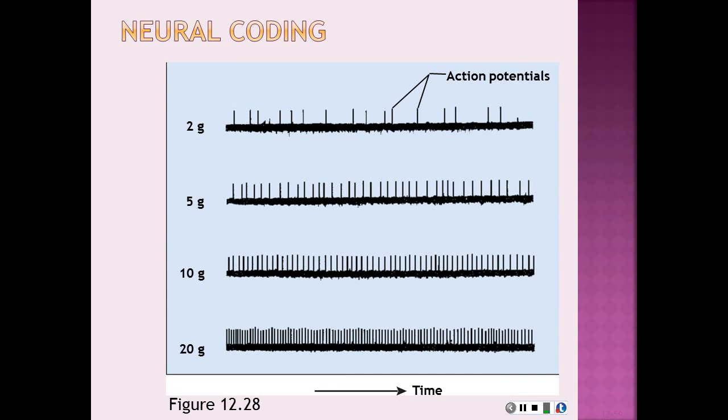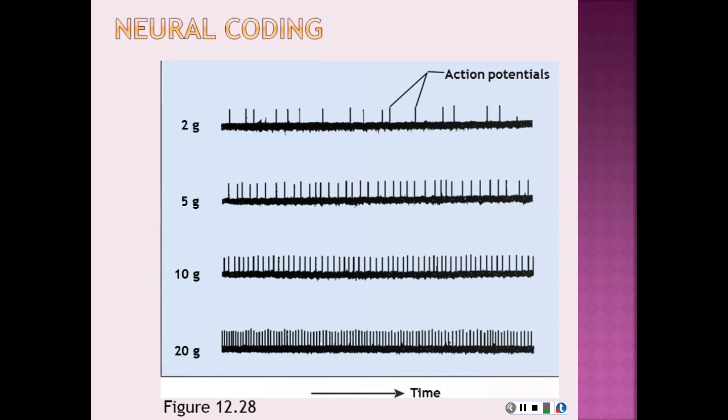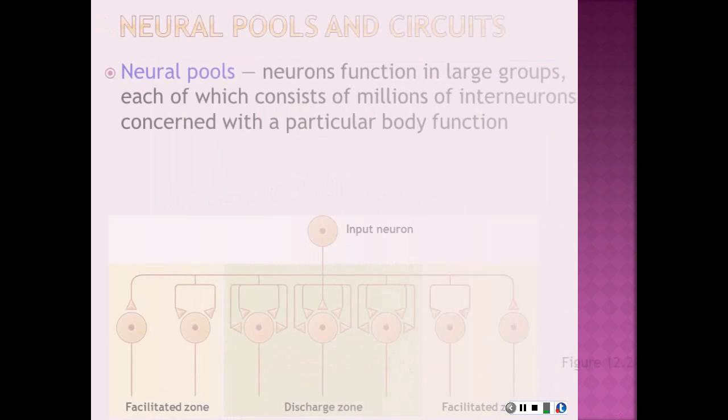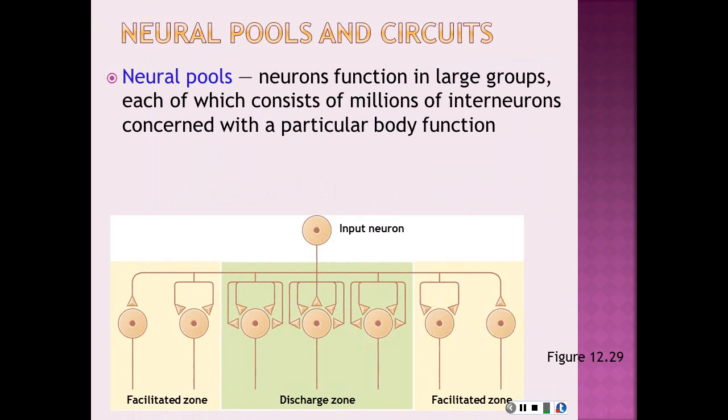The absolute refractory period sets an upper limit to how often a neuron can fire. The theoretical limit of firing frequency is 2,000 action potentials per second, but the highest frequencies observed are 500 to 1,000 per second.